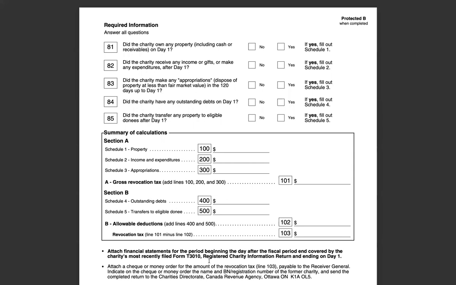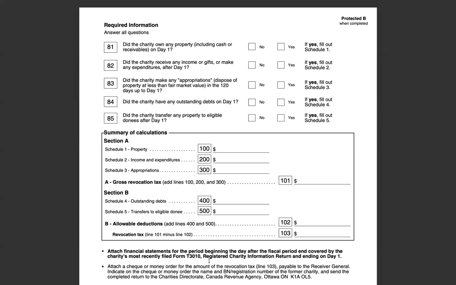So you now have section A: schedule 1 property, schedule 2 income and expenditure, schedule 3 appropriation, then the gross revocation tax. Then you fill in section B: outstanding debt, transfer to eligible donee, then the allowable deduction on line 102.